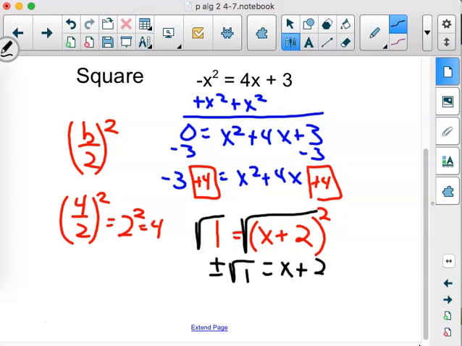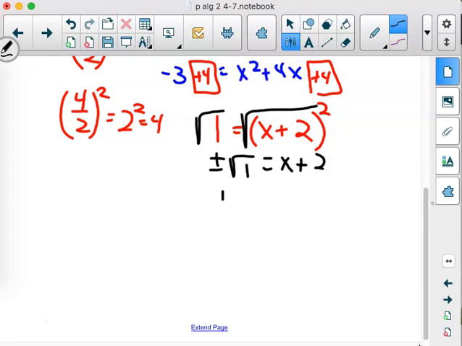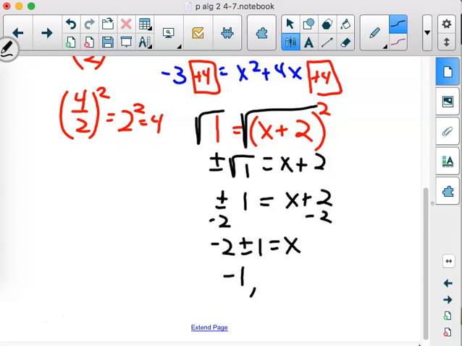We realize, oh, the square root of 1, that's just 1. And then to get x by itself, we would subtract 2 from both sides. And this one we can actually find both answers, because our answers are negative 2 plus 1, which is negative 1, and negative 2 minus 1, which is negative 3.